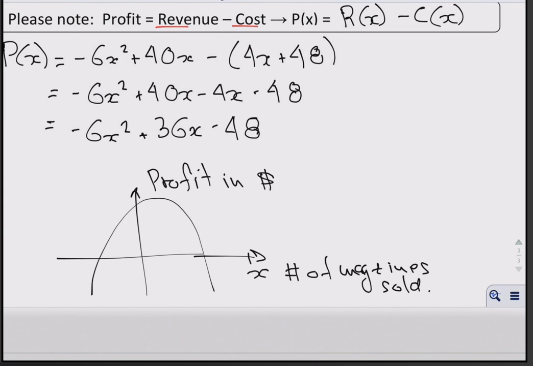So what I'm trying to find out is, where is that maximum profit going to occur? For what x value am I going to get maximum profit? If I produce too much, my profit starts going down because my costs start increasing. If I produce too little, my revenue is not going to be high enough. So once again, I'm not maximizing my profit.